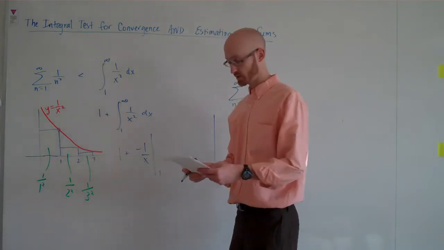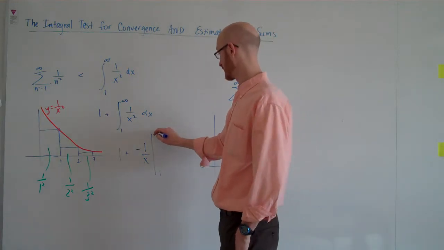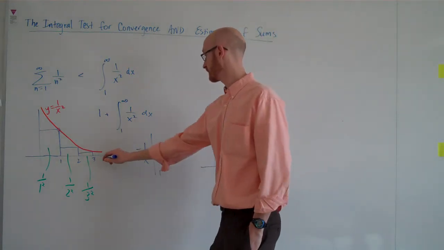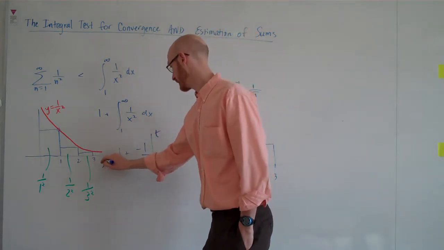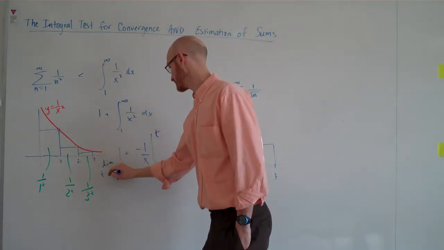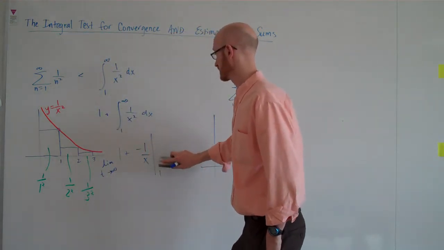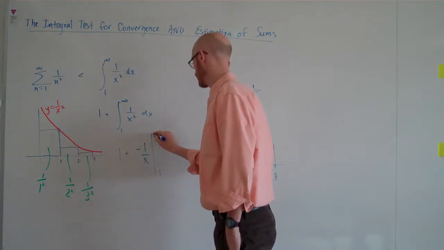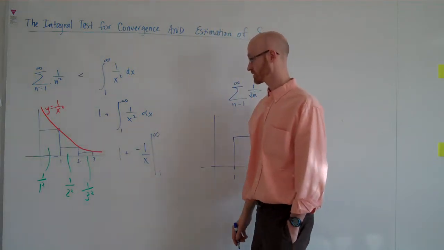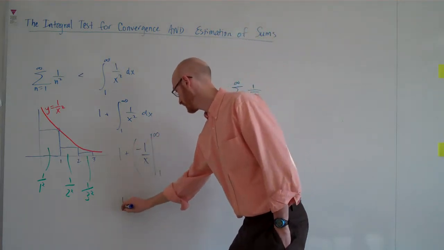Technically I should put a variable t up here and write the limit as t goes to infinity, but I'm just going to use a bit of shorthand, saying that it goes from 1 to infinity. That's just for this part, because that 1 is already there.